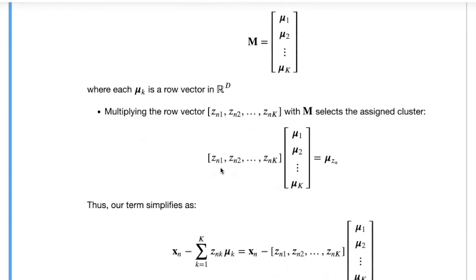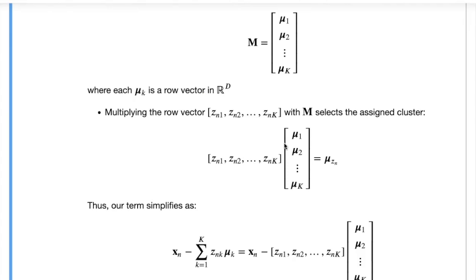And the way we can do this is that now, if I multiply this vector, where we only have one 1 and the rest of the entries are zeros, by this matrix, and remember this matrix has these rows mu_1, mu_2, to mu_K, then since only one element here is 1, if we do this multiplication, you're going to multiply 0 by the first row, then 1 by the second row, and then 0 by the third row, etc. So this is equivalent to picking the corresponding row of this matrix. And that's exactly what we call mu_zn, right? The corresponding cluster center for x_n.